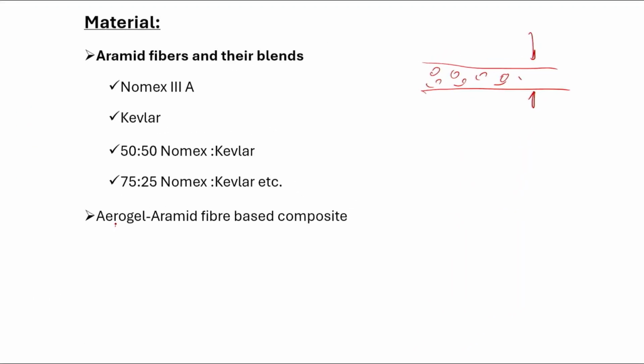So, an aerogel aramid fiber based composite also can be used. Here we can make a composite that will be flexible, and the main advantage of aerogel is that it contains a large quantity of air and its structural stability will be maintained. FR cotton and its blends can be used.